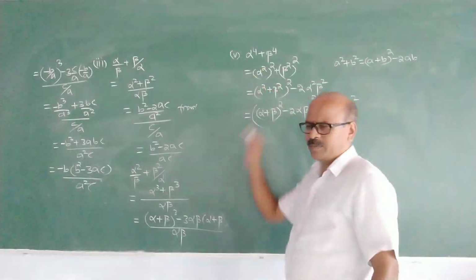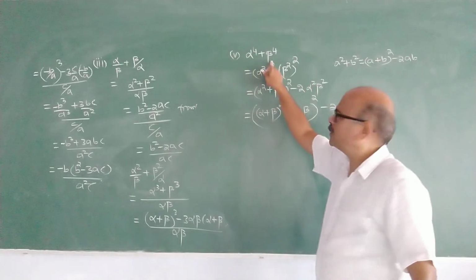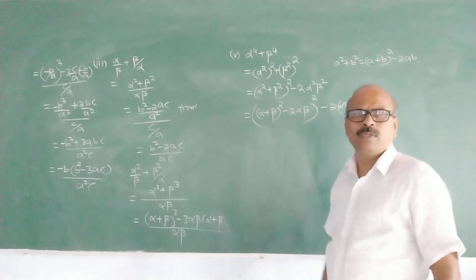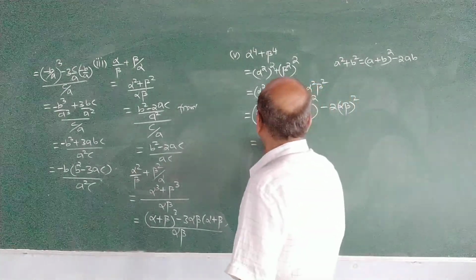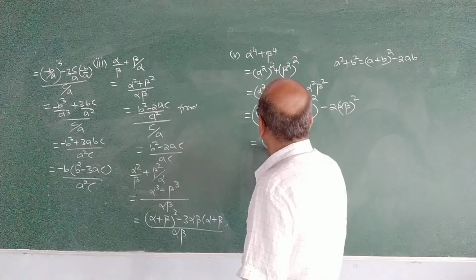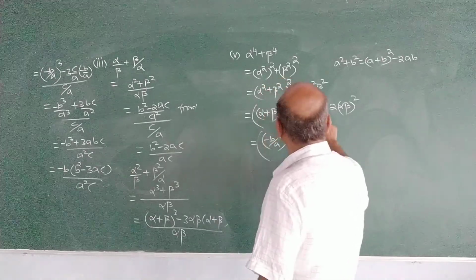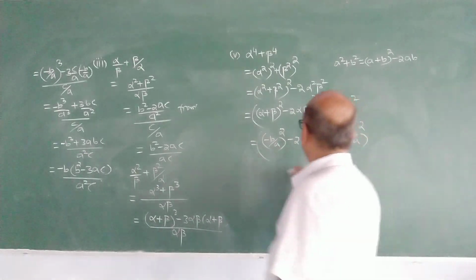Problem is, in case of symmetric functions of roots, we have to express the given symmetric function in terms of sum of the roots and product of the roots. So alpha plus beta is minus b by a whole square, minus 2c by a, this whole square, minus 2c by a whole square. Simplify.